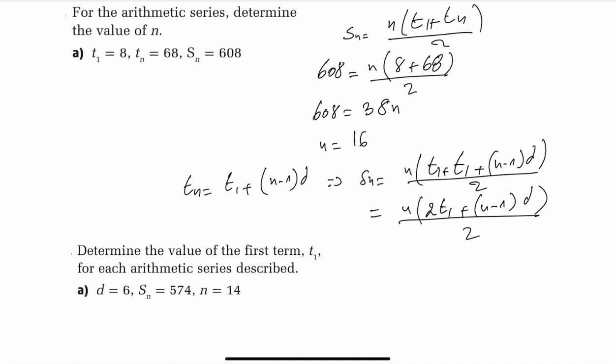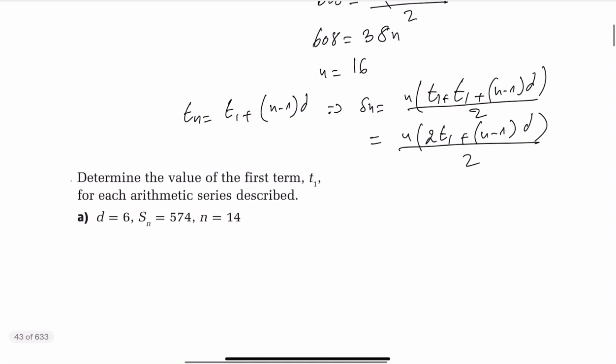I will use that in this example because we are asked to find T1. We have our d and we have Sn. We will just plug our numbers there to get the answer. So directly we can do it like this.